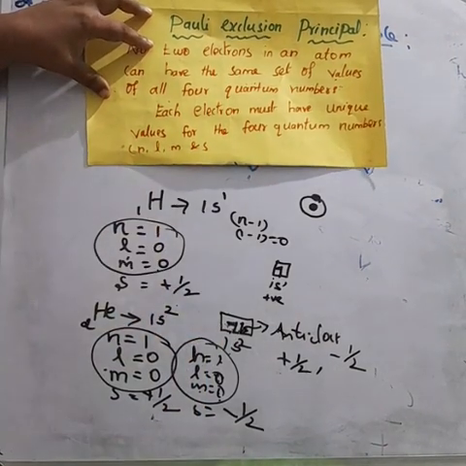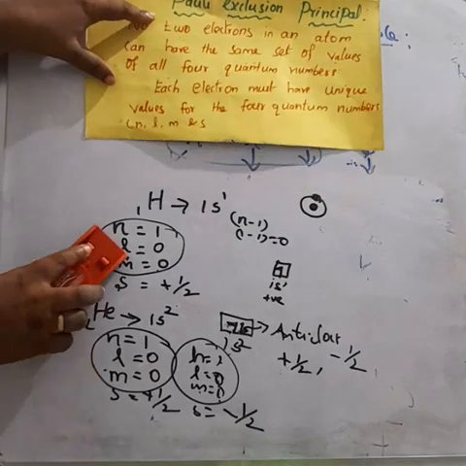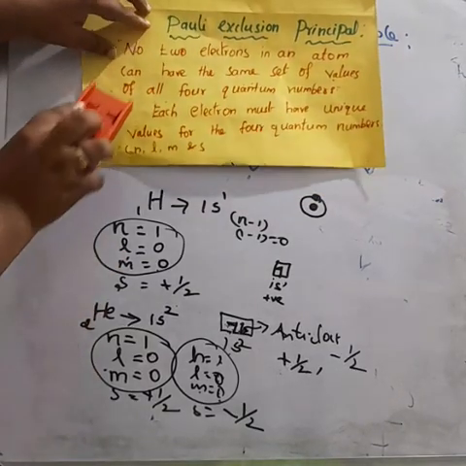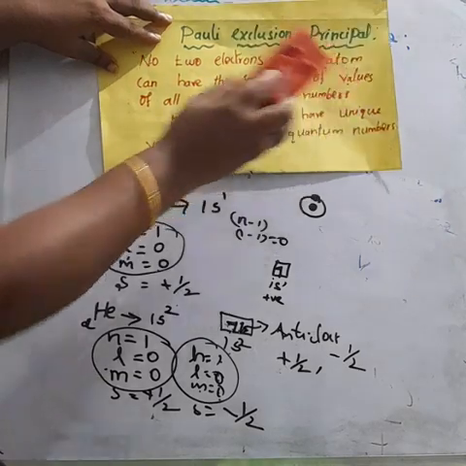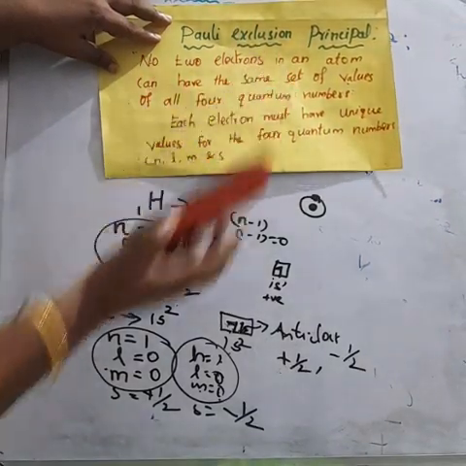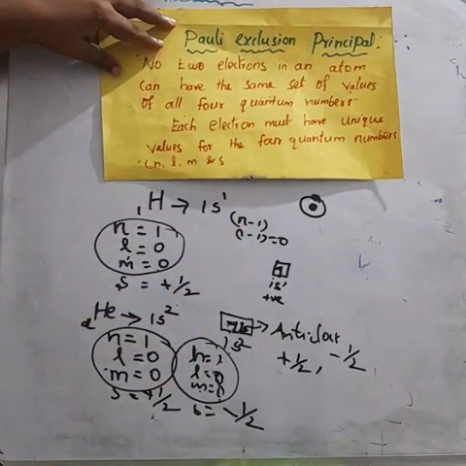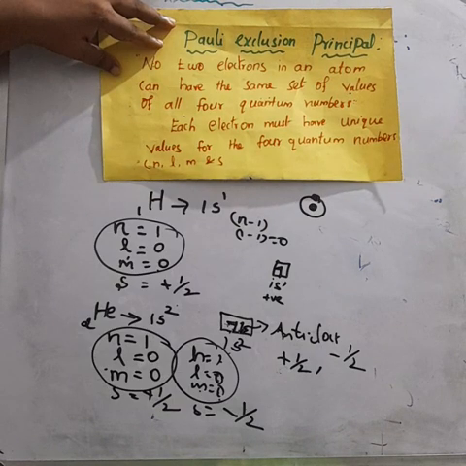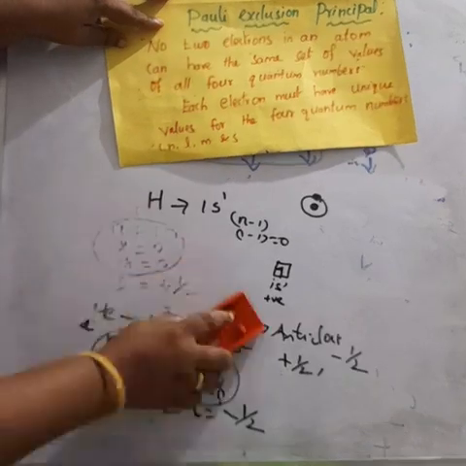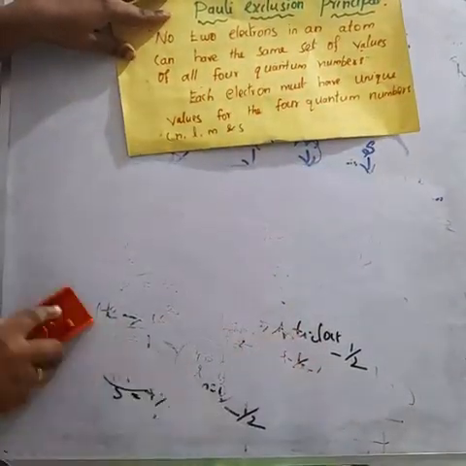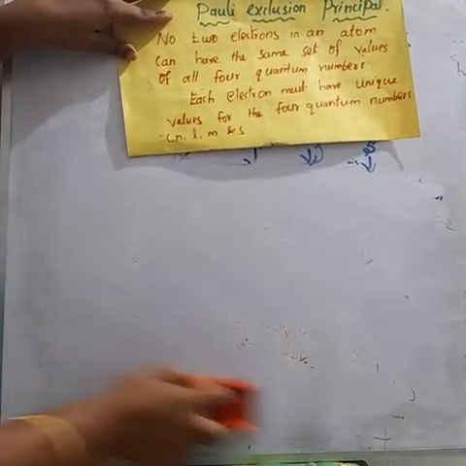So what is the Pauli exclusion principle? It states that no 2 electrons in an atom can have the same set of values of all 4 quantum numbers. I will explain with an example. I take neon for the example here.